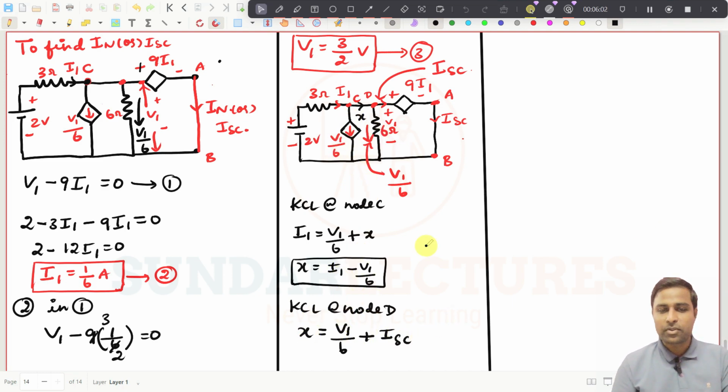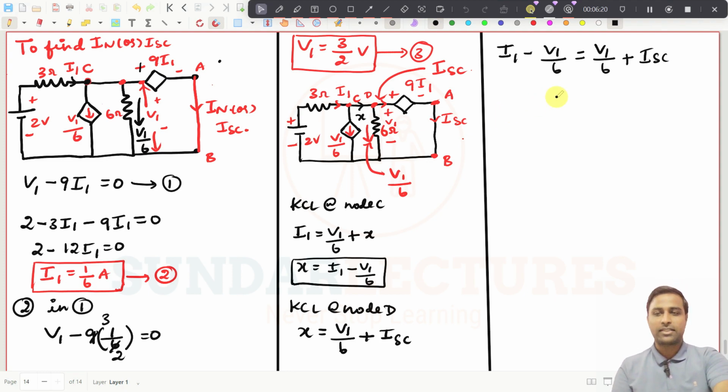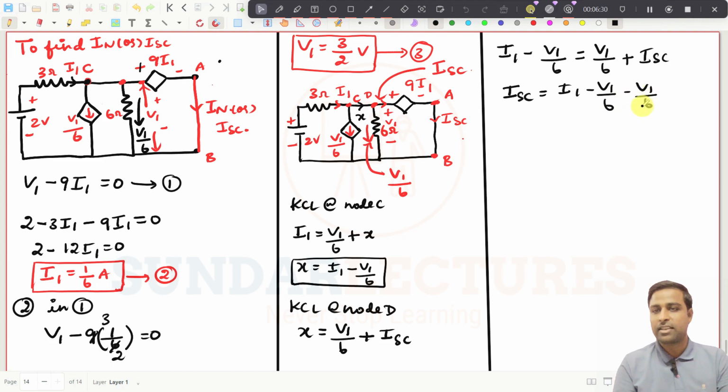You can substitute X here. So what you will get? I1 minus V1 by 6 equals V1 by 6 plus IAC. And you need only IAC, right? So IAC should be equal to I1 minus V1 by 6 minus V1 by 6.